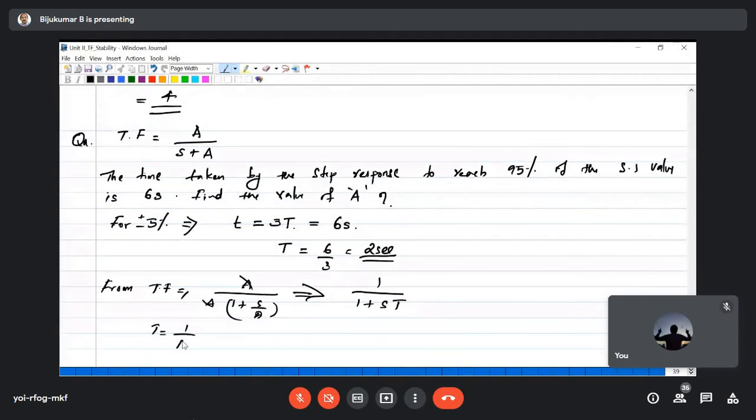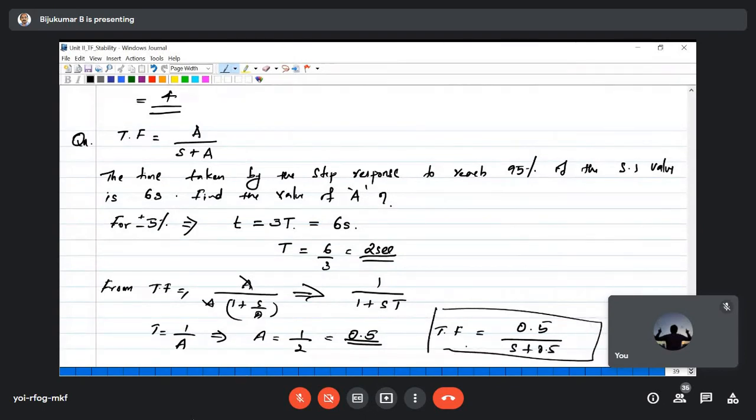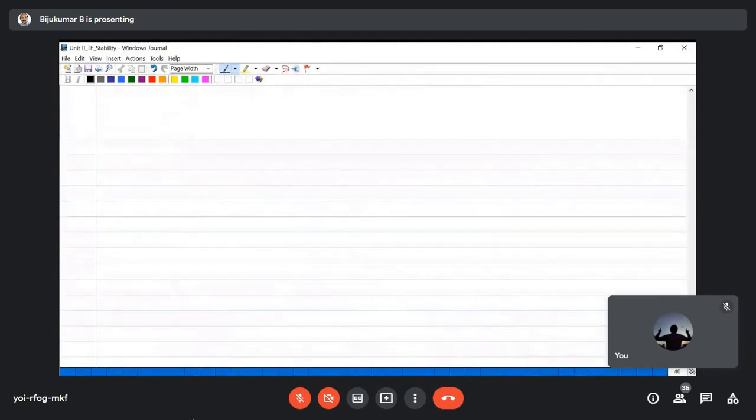So from this, a equals 1 by 2, which is 0.5. So your actual system is 0.5 divided by s plus 0.5, with the pole at s equal to minus 0.5. Clear?